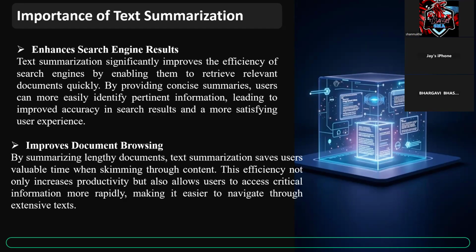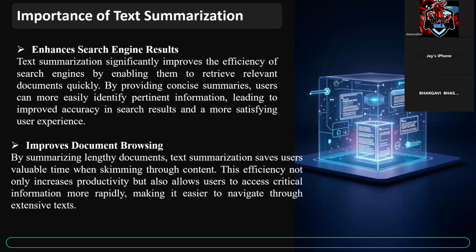Enhances search engines: text summarization significantly improves the efficiency of search engines by enabling them to retrieve relevant documents quickly, and improves document browsing by summarizing lengthy documents. Text summarization saves users valuable time when skimming through content.